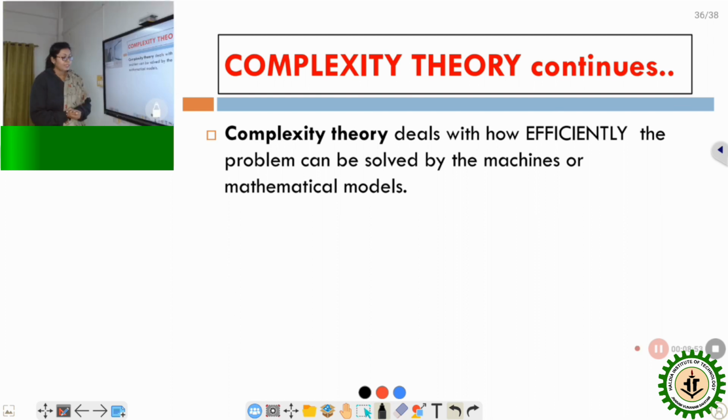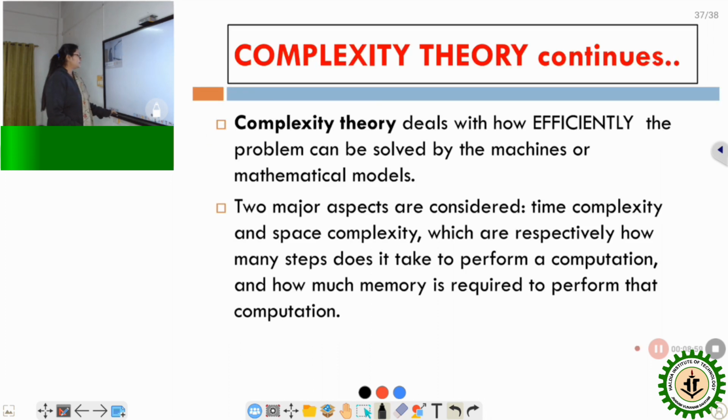Okay. Now, there are 2 major aspects of complexity theory. The first one is time complexity and the second one is space complexity. Now, time complexity is something which determines how many steps it takes to perform the computation. That means I have a problem statement.